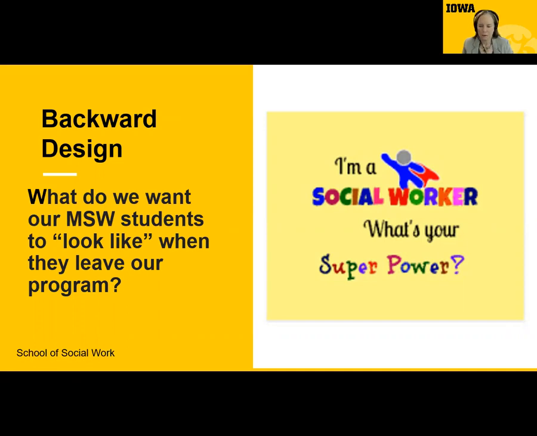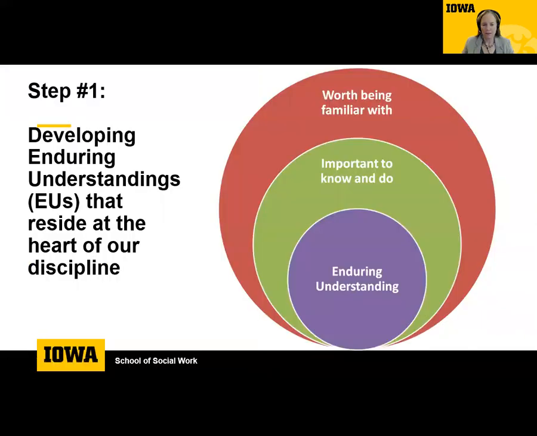And what we did with backward design is we applied the perspective to the entire curriculum. And we started our process with this question: what do we want our MSW students to look like when they leave our program? So the first step in backward design is to develop what are called enduring understandings.